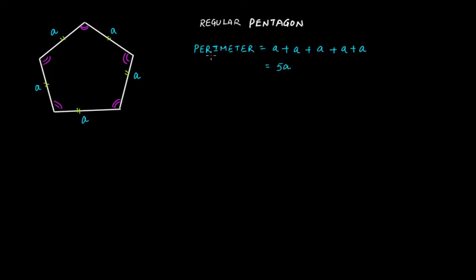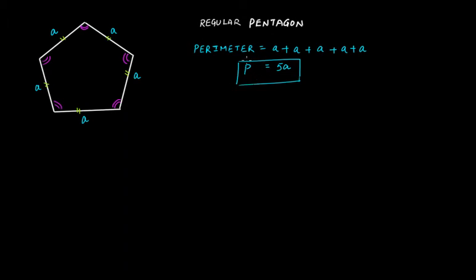If I denote the perimeter of this regular pentagon by P, then P is equal to 5A will be the rule that we will form to describe the perimeter of a regular pentagon.